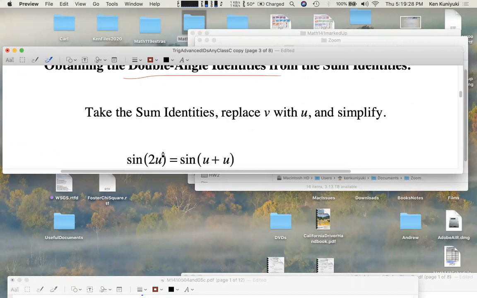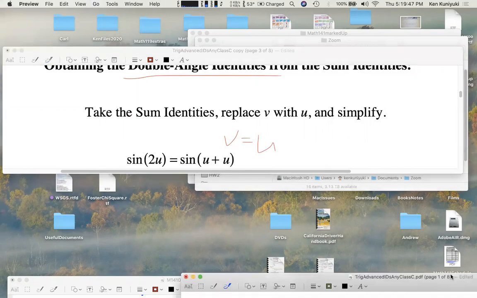Well, we can use the sum identity for sine, because what is 2u? If you asked an algebra student, hey, what's 2u? A good algebra student would say, well, 2u is u plus u. So we can basically apply the sum identity where v equals u.